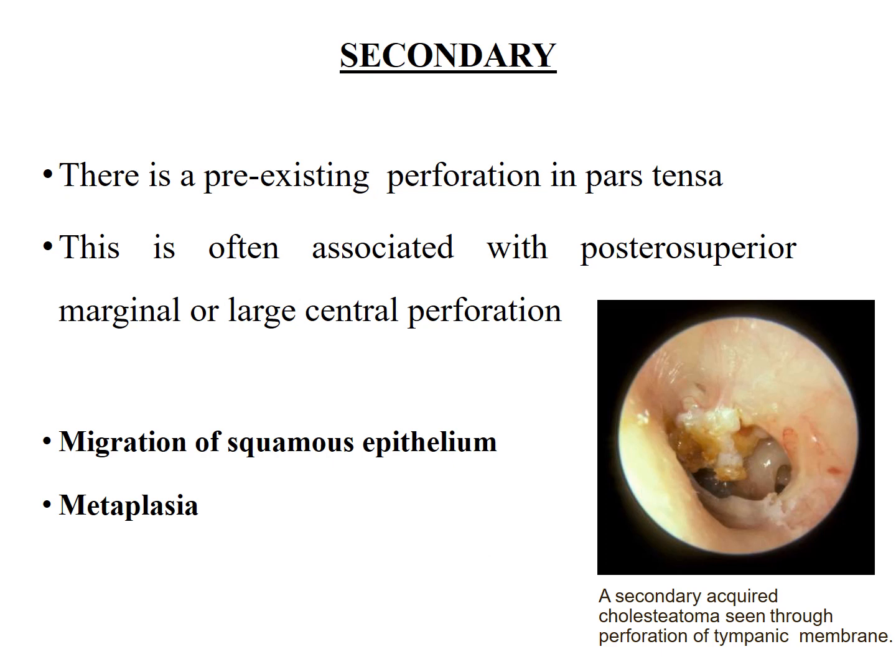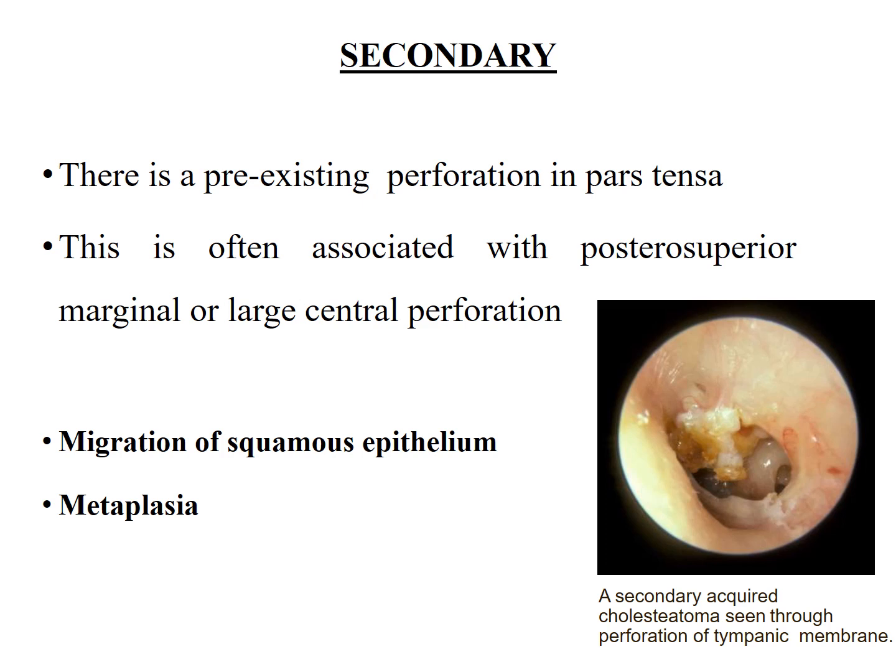Secondary acquired cholesteatoma. In these cases, there is already a pre-existing perforation in the pars tensa. This is often associated with the posterior marginal perforation or sometimes large central perforations. The theory which leads to the formation of the secondary acquired cholesteatoma is the migration theory. The keratinizing squamous epithelium, as already mentioned, from the external auditory canal or outer surface of the tympanic membrane migrates through the perforation into the middle ear.